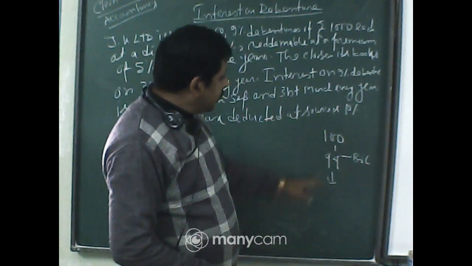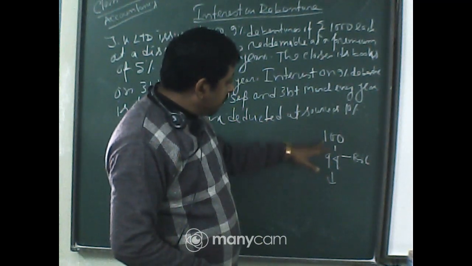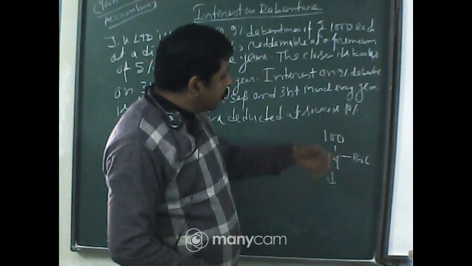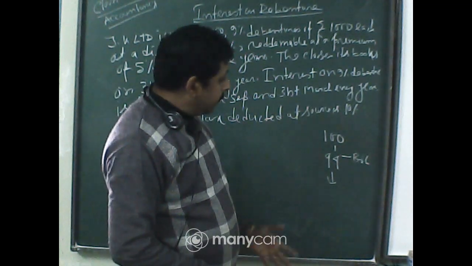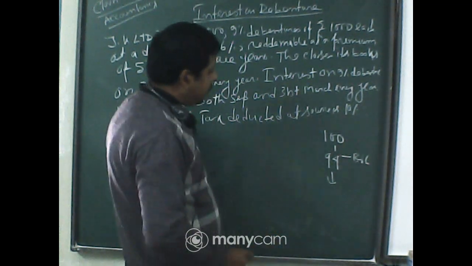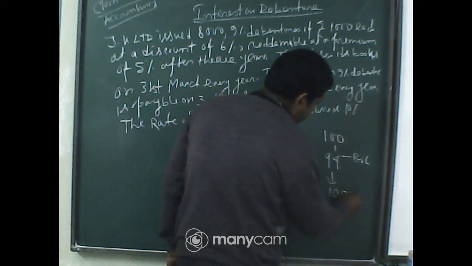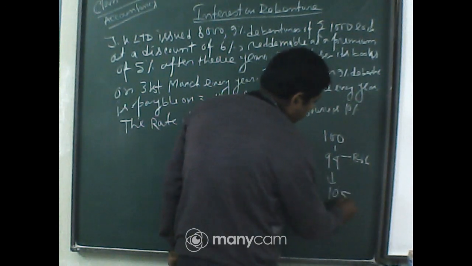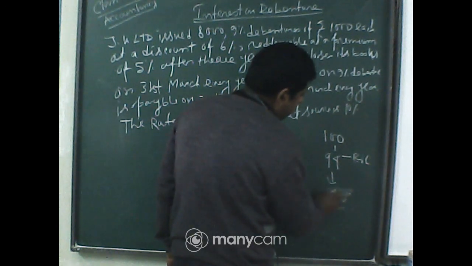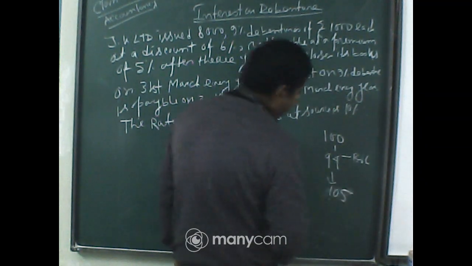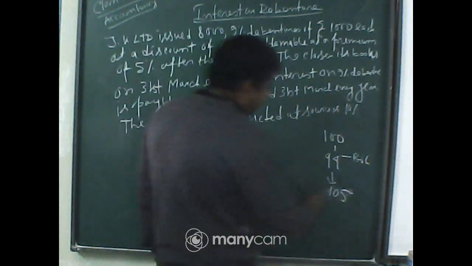Now again this person said that whenever we will sell you, we sell you at 105 rupees, means 5 rupees extra will again be paid to you after few months.